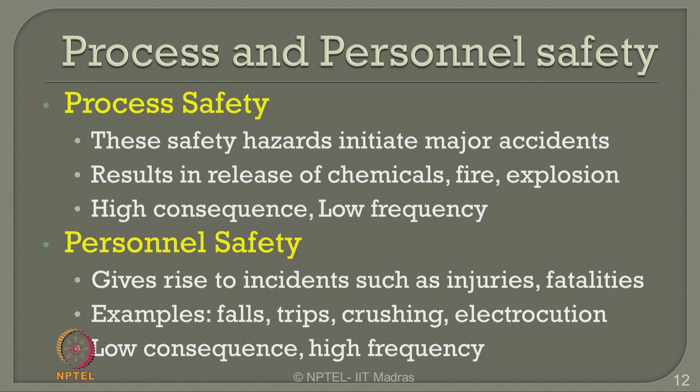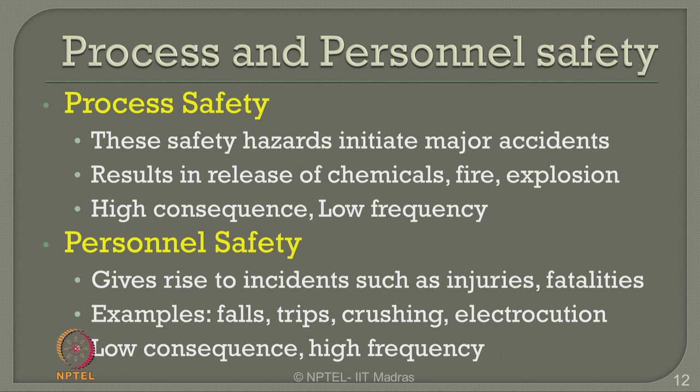On the other hand, personal safety gives rise to incidents such as injuries, fatalities, etc. A few examples commonly seen in oil and gas industries are falls, trips, crushing, electrocution, etc. If you look at the whole phenomenon in general and compare it with process safety, one can realize that personal safety accidents and incidents are low consequence, high frequency.